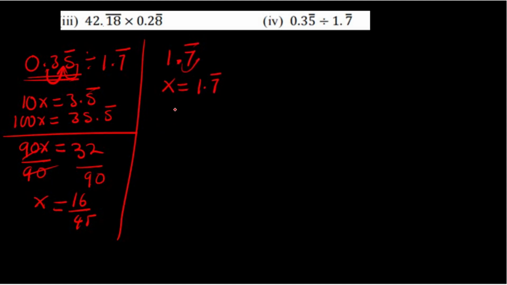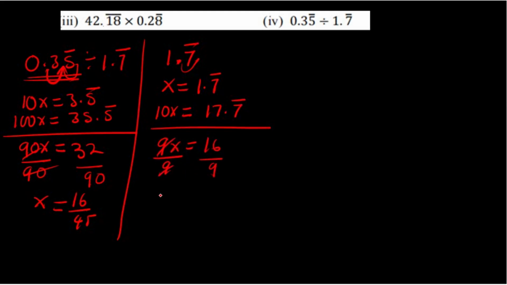So you move this side, just say 1, so to be 10x equal to 17.7. Subtract, that is 9x, then this is 16. Divided by 9, your x will be 16 over 9.